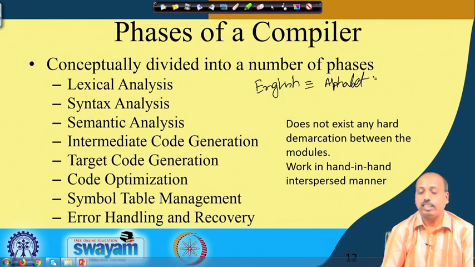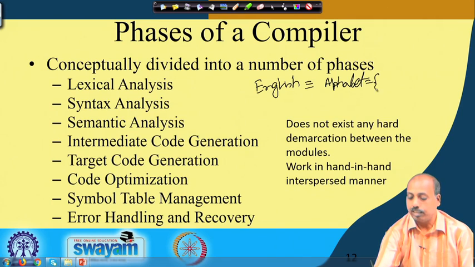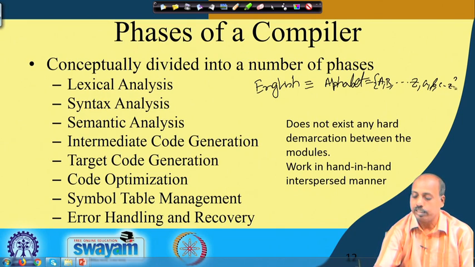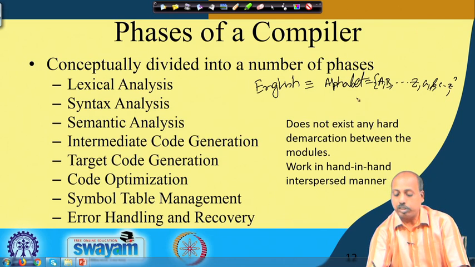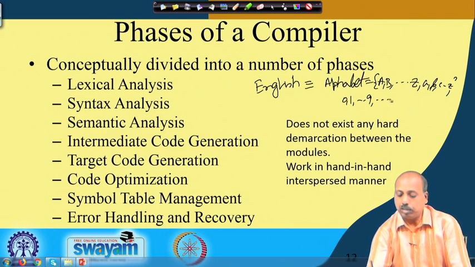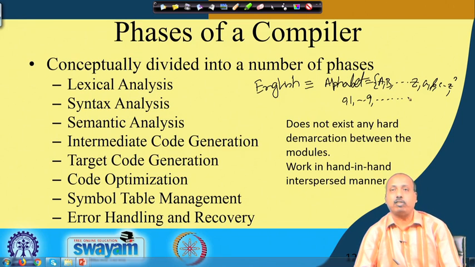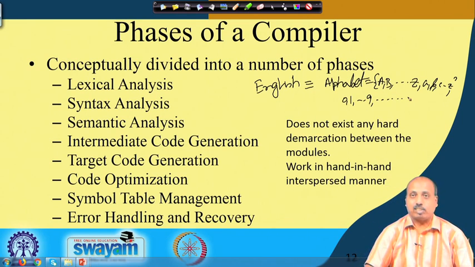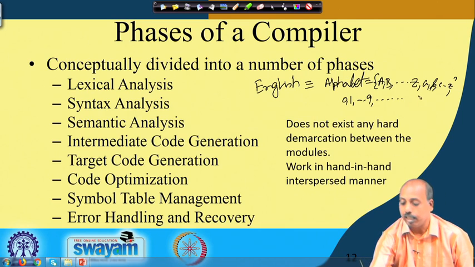Now, you know that in the English language the alphabet set is capital A, B, etcetera up to capital Z, then small a, small b, small c, etcetera up to small z. There are many more symbols like 0, 1 to 9, then whatever special symbols we are allowing in today's English language text. So, they all come under this alphabet set.